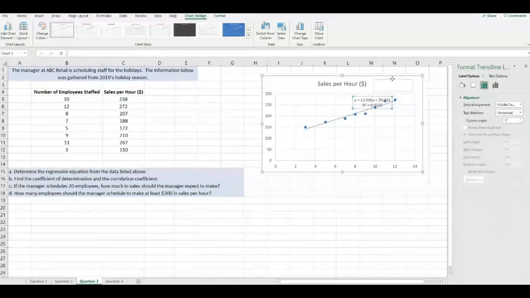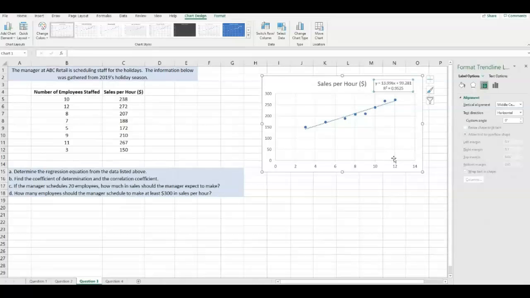So now we have that information at the top of the scatter plot. So y equals 13.996x plus 99.28, that's our regression equation. That's the equation of that trend line. The R squared, we're going to see that pop up somewhere else too.